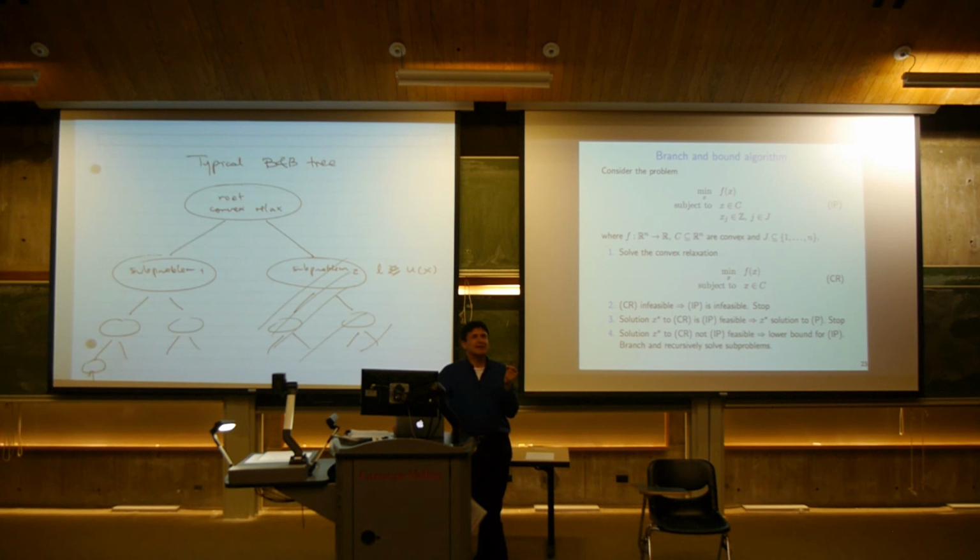There is a comment that I remember once having lunch with my senior colleagues in the Tepper School. They were asking, who are the main consumers of linear programming? And the answer was, integer programming users are the main consumers of linear programming. To solve an integer program, you solve many, many convex relaxation problems.